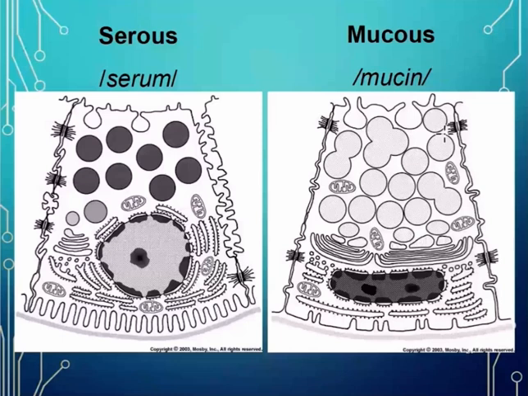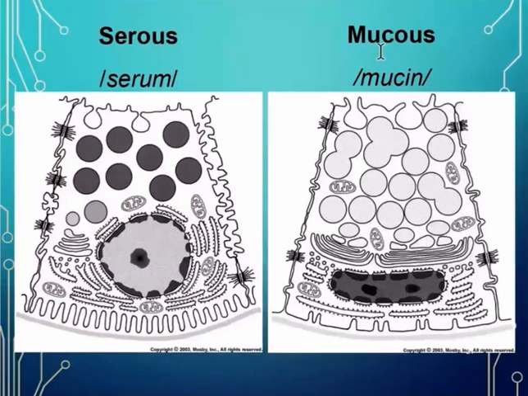Both of them are wedge-shaped or triangular in shape. As an example of the serous acini, the parotid gland. And as an example of the mucous acini, the sublingual or the minor salivary glands, because they are full of mucin.